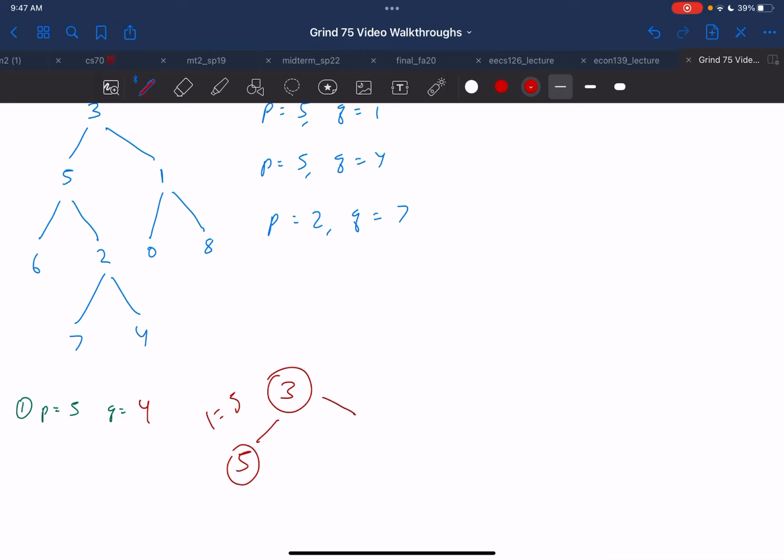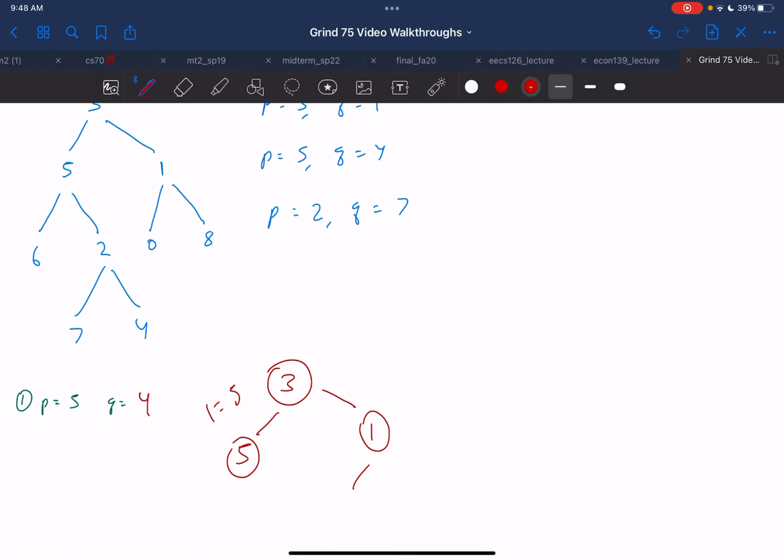Now we do the same process for the right. We look at 1, which is not equal to either, so we recurse on the left, go to 0. 0 is not equal to either, so L equals N for none, and then we go to the right subtree. 8 is not equal to either, so R equals N.